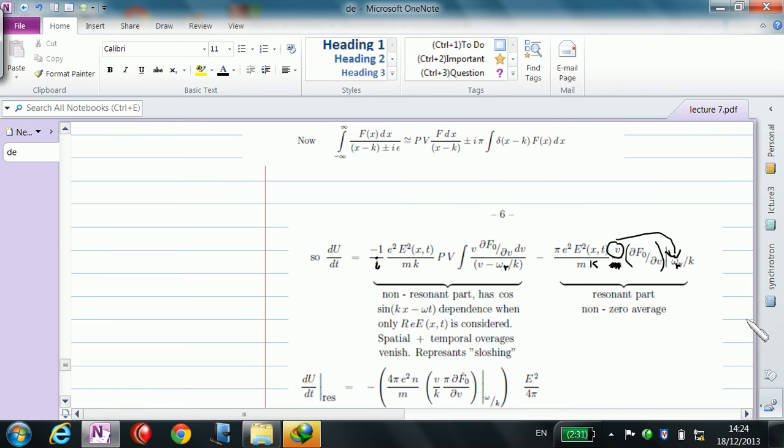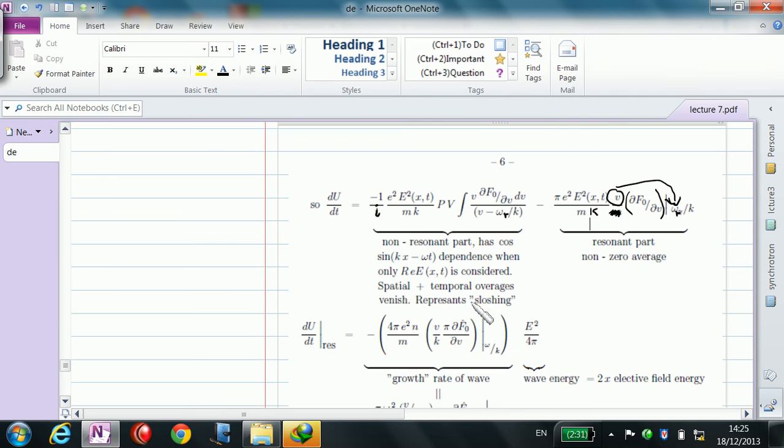Okay. The non-resonant part. If I were to consider the real part of E only, this would have a cosine times sine term in the E squared. Well, actually it does. And so its time average is 0.